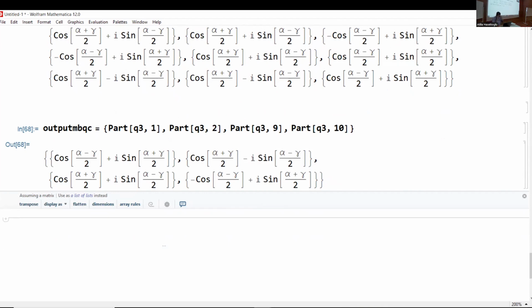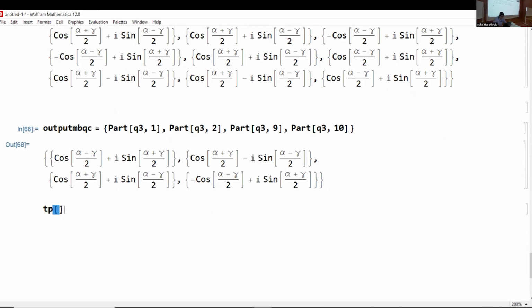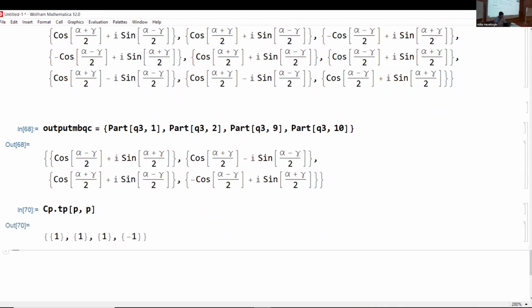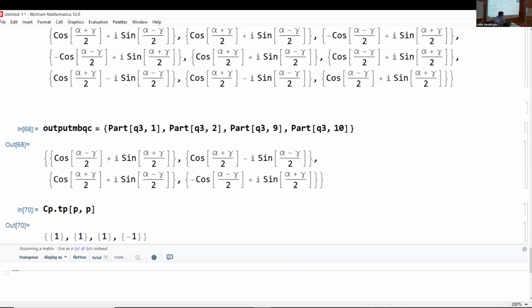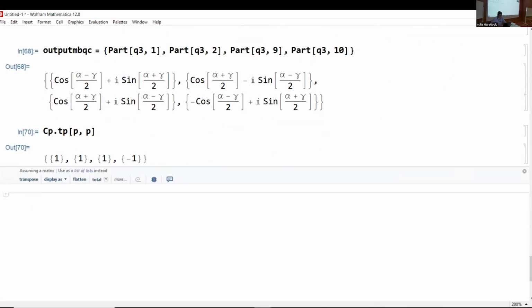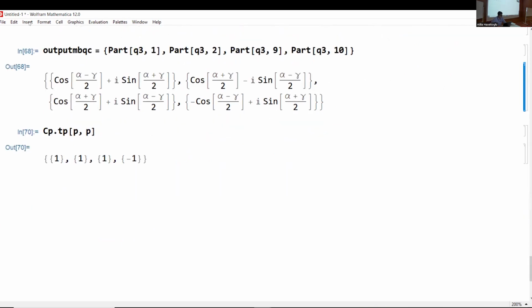So let's now implement the quantum circuit. I start off with a tensor product of 2 plus states, and on these plus states, I apply the control phase gate CP. Let me just color this.